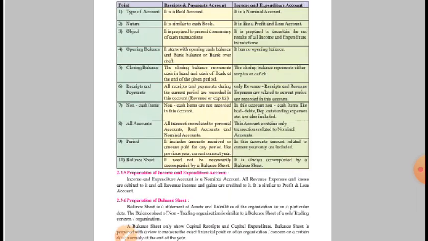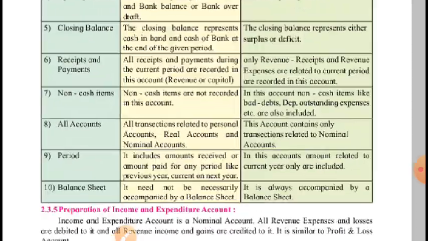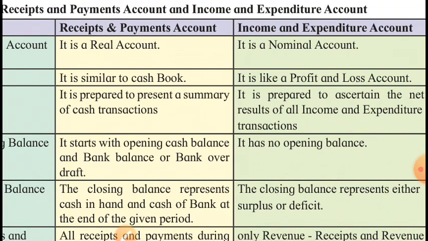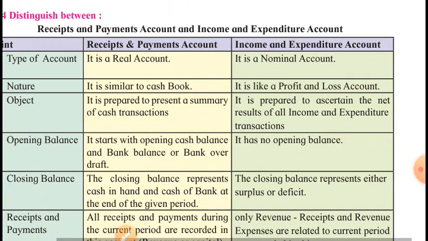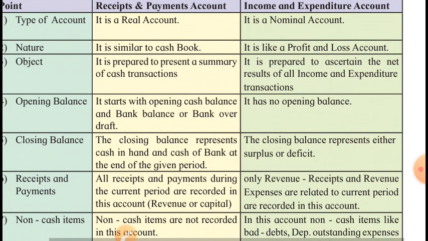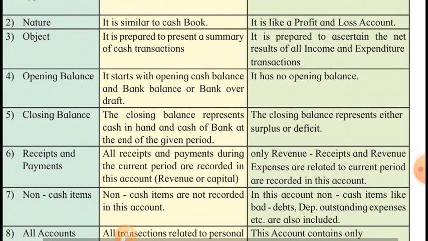What is next? The difference between receipt and payment account and income and expenditure account. You know that receipt and payment account is a summary of cash transactions. It is as good as a cash account, a cash book. That is why it is a real account. And income and expenditure account is a nominal account. Receipt and payment account is similar to the cash book, and income and expenditure account is similar to the profit and loss account.